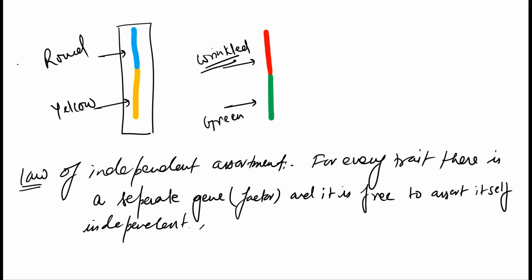Means for every trait there is a separate gene, and they can rearrange themselves. This can come here, this can come here. Got it? So note this one.